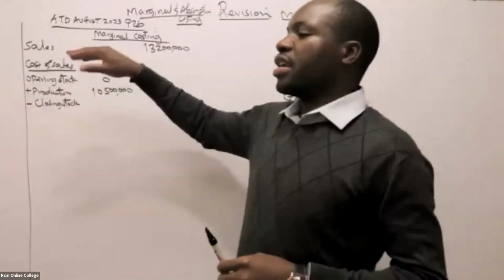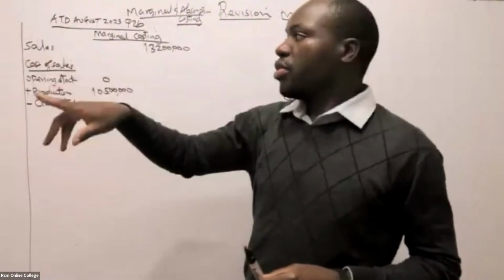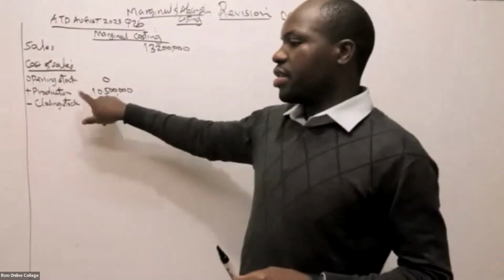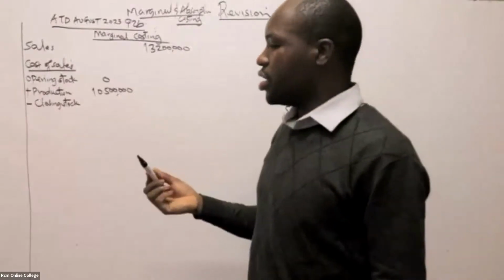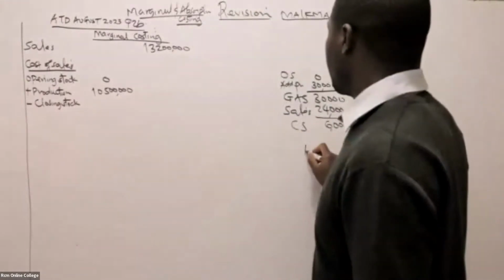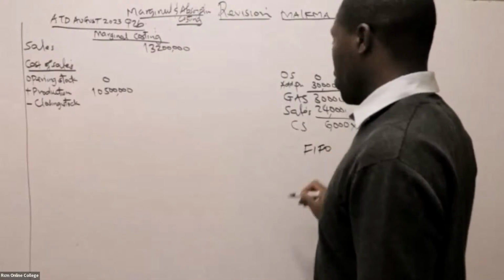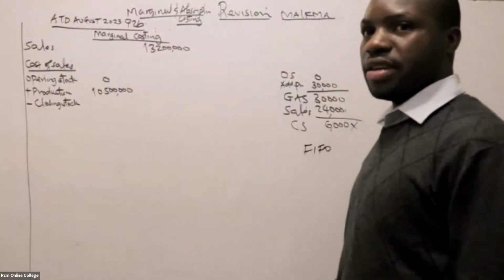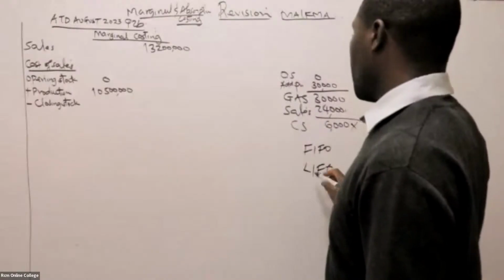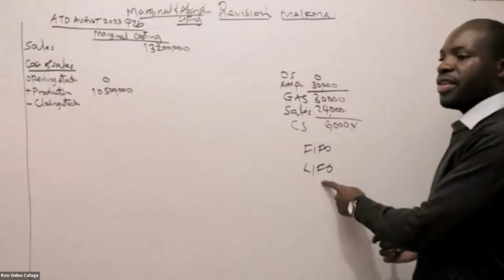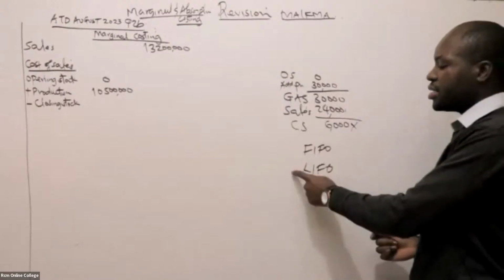Opening stock has its own cost per unit. What was produced during this particular month has its own cost per unit. Then we tell you somewhere under additional information that the company is using FIFO method. Or try to complicate things a little bit and tell you the company is using what we call LIFO method. Last in, first out.